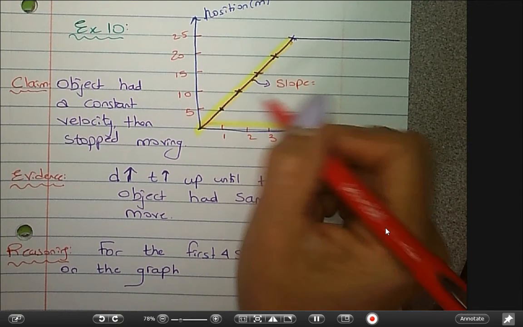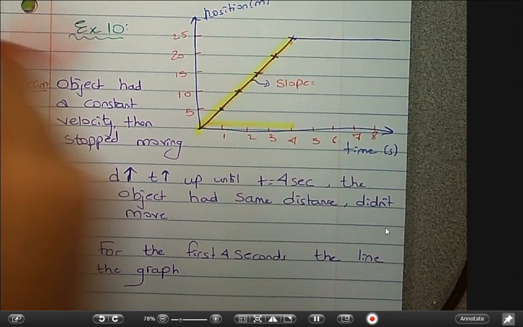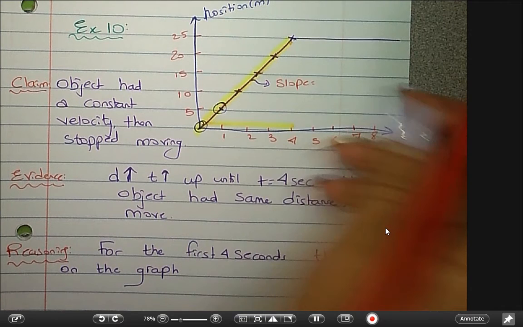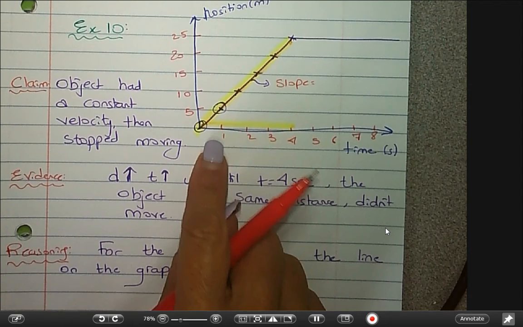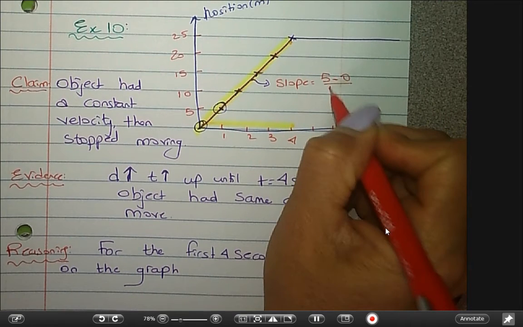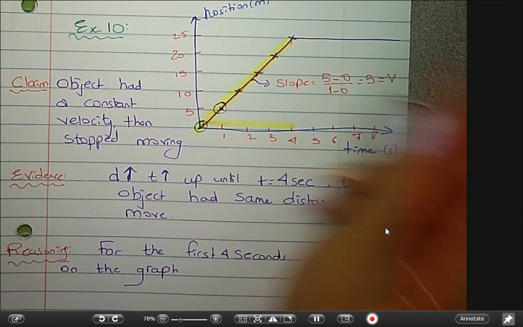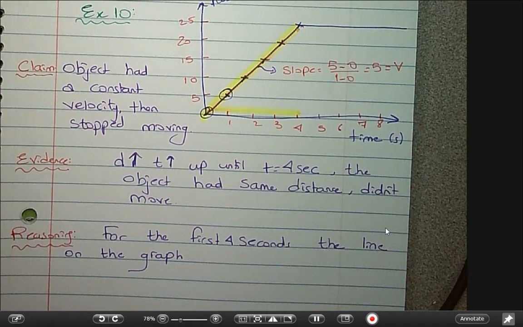I'm going to pick any 2 points, probably 0 and 0, and 5 and 1. So your slope will be 0 minus 5 over 0 minus 1, or 5 minus 0 over 1 minus 0, which would be 5, and this will give you your slope, or velocity, I should say.